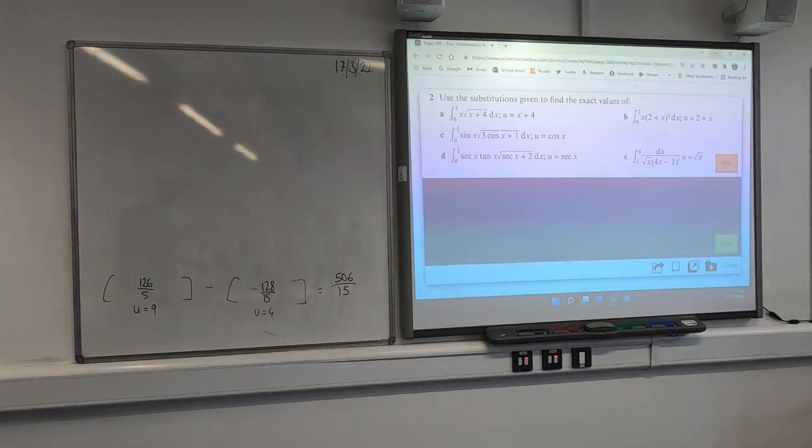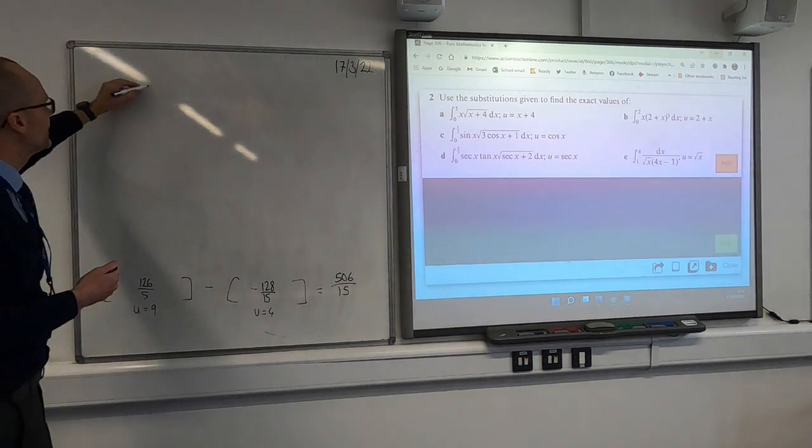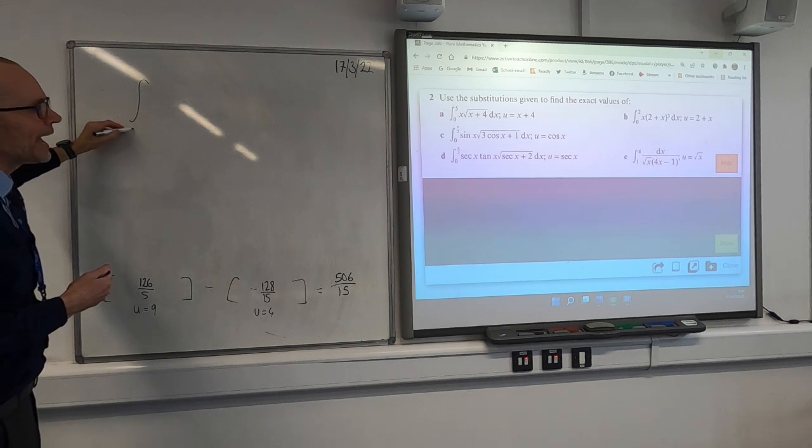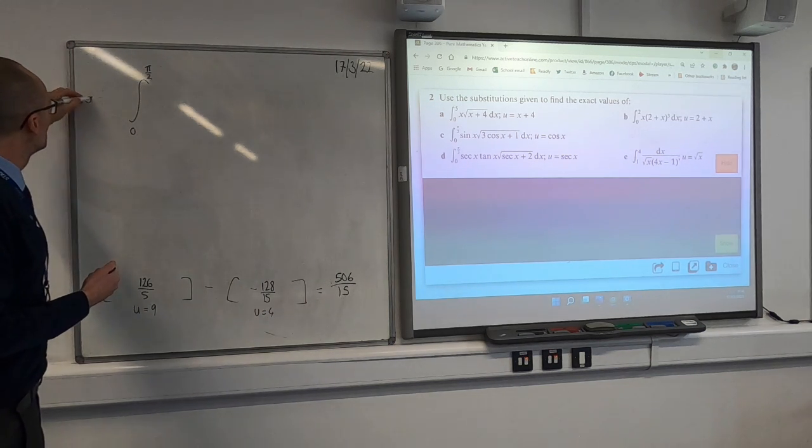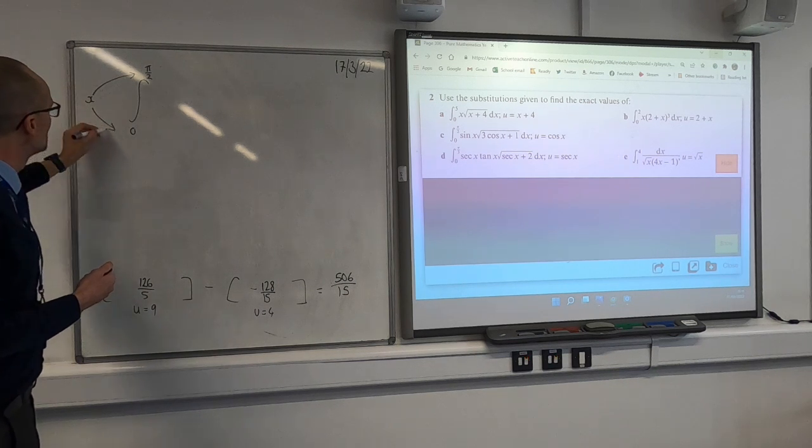So make a start with C, see how far you can get, and in particular, I'm interested to know what happens to the limits when you go from x values to u values.